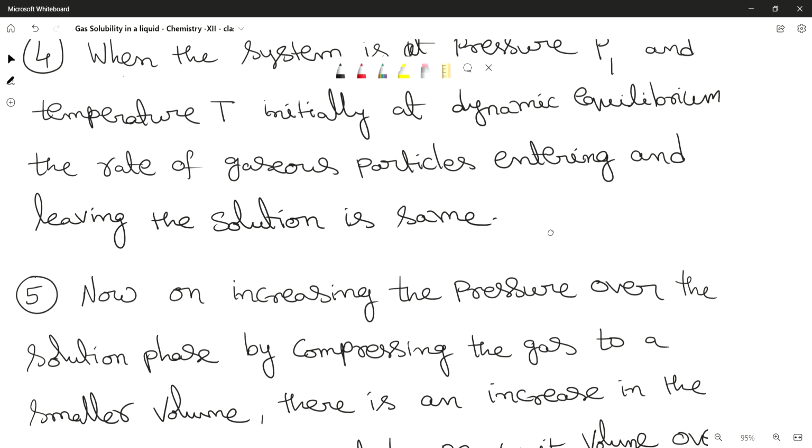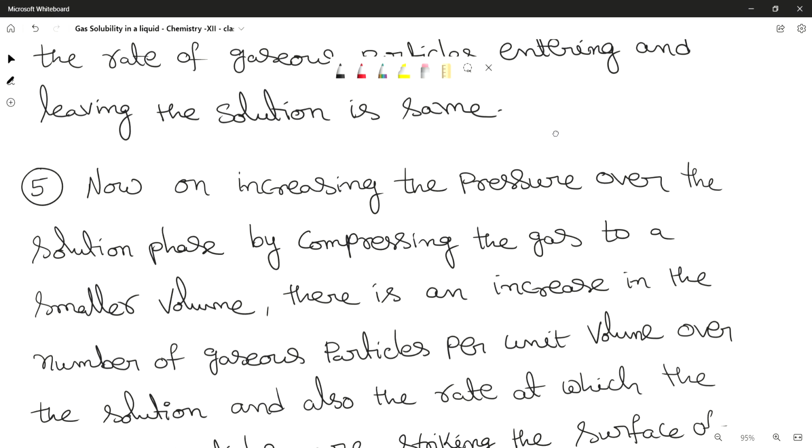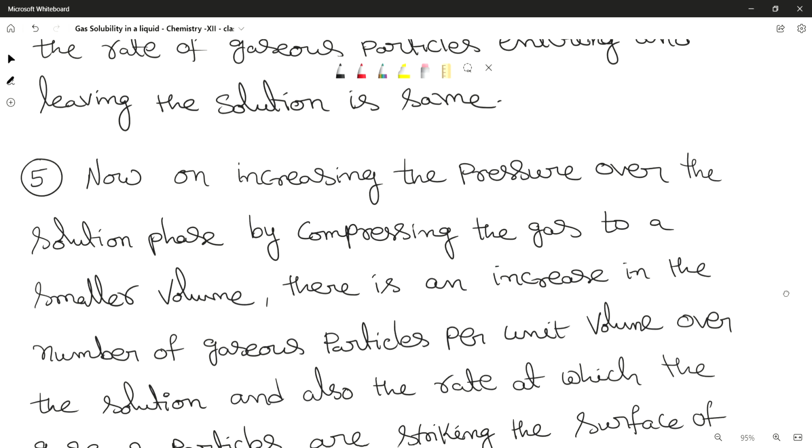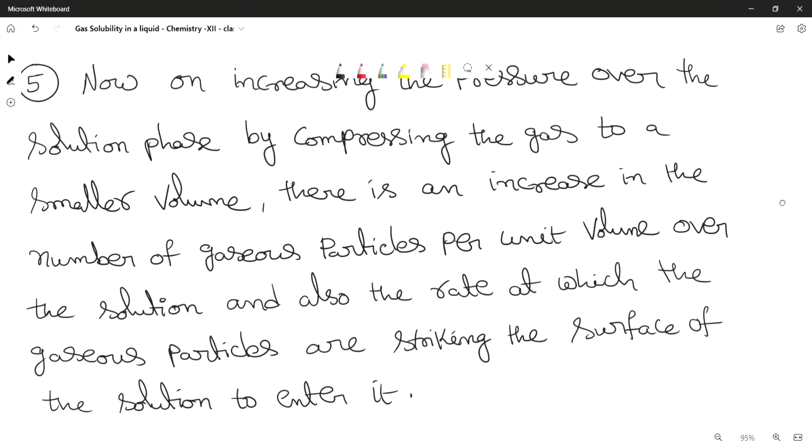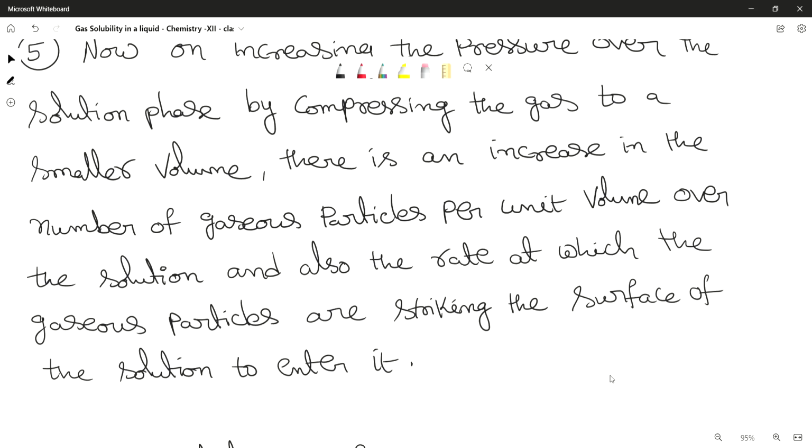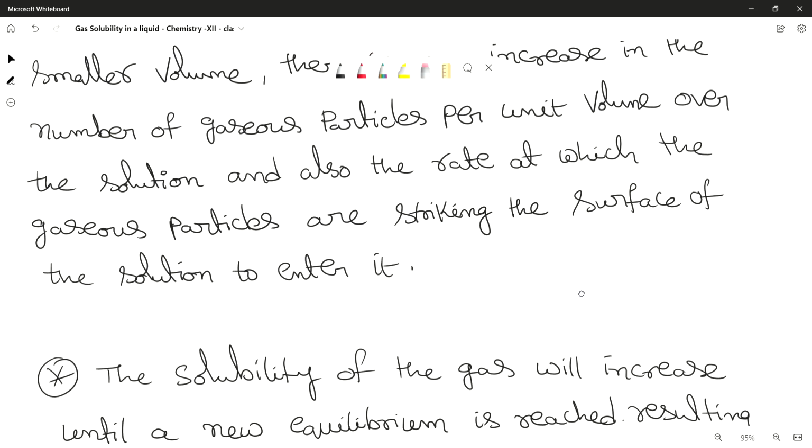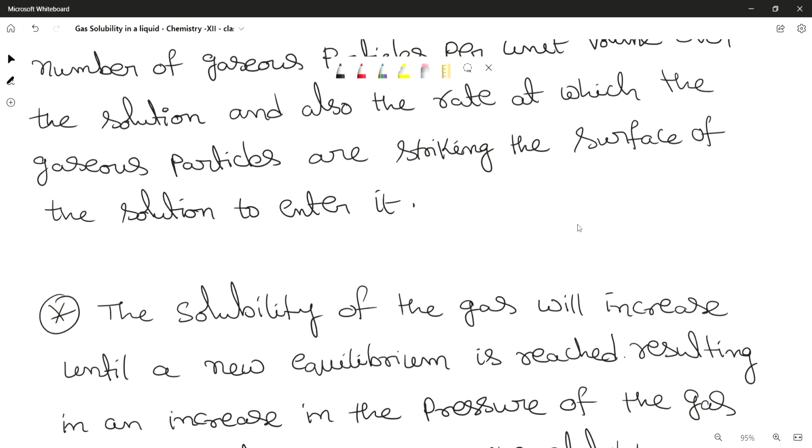Now on increasing the pressure over the solution by compressing the gas to a smaller volume, there is an increase in the number of gaseous particles per unit volume over the solution, and also in the rate at which the gaseous particles strike the surface of the solution to enter it. Once they start hitting the surface, the dissolution increases.